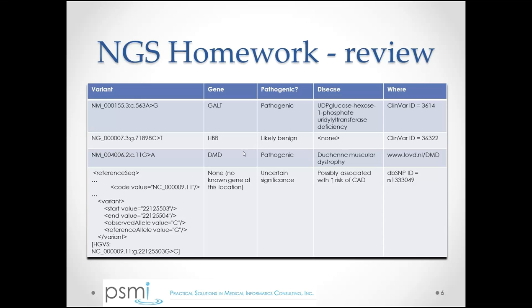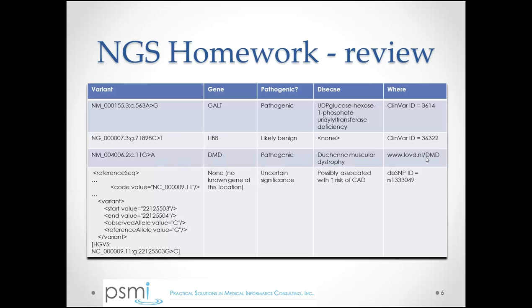Then the last 2 started to get progressively harder. This particular variant here was not present in ClinVar or dbSNP. In order to research this particular variant, you'd have to go hunting around for a locus-specific database where you could find information about it.